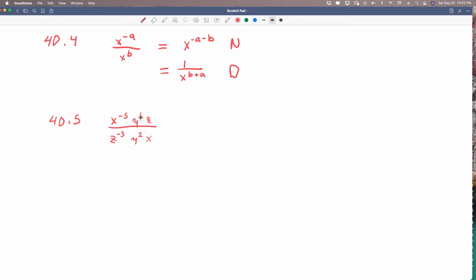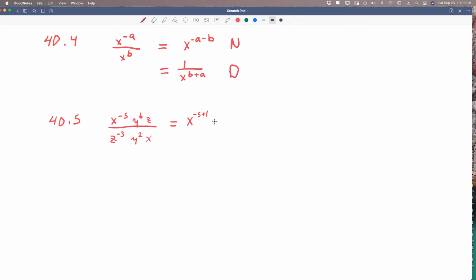So what we want to do is move it around and combine everything as much as possible. So let's put everything in the numerator first. We're going to bring this up. Let's bring the x up first. So we have x to the negative 5, and this is a 1, so it's going to become a negative 1. So a negative, subtract a negative, it becomes a positive.